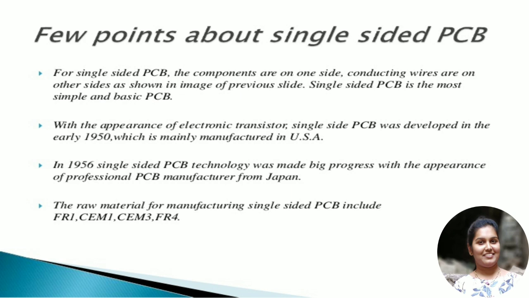Single sided PCBs are the most common type, the most simple and the most basic version of PCB. These are the ideal choice for beginners and are most commonly used in simple electronics which do not involve any complex circuitry.